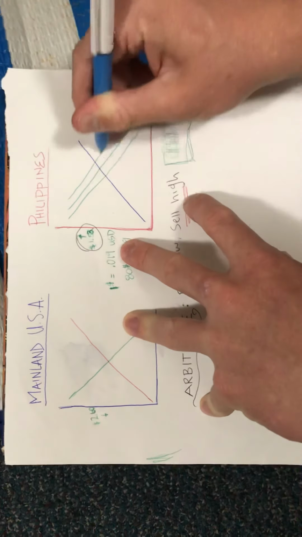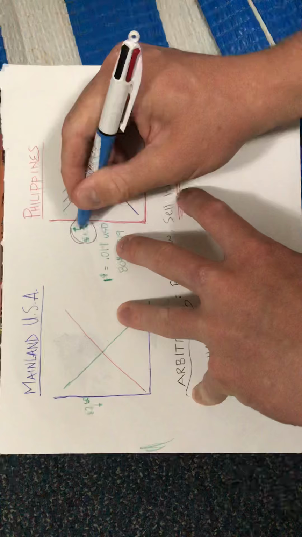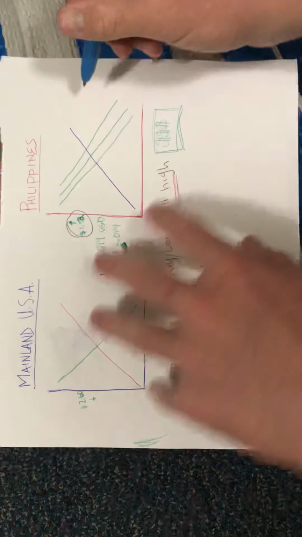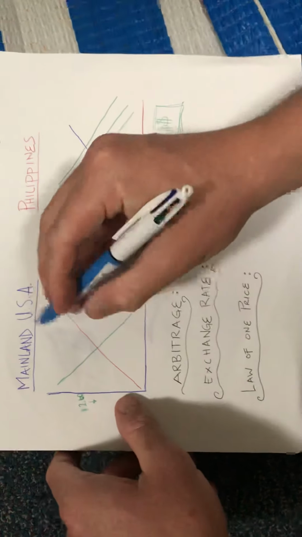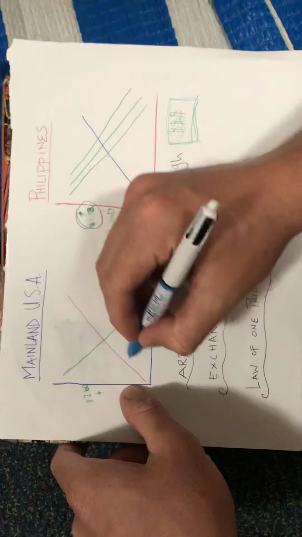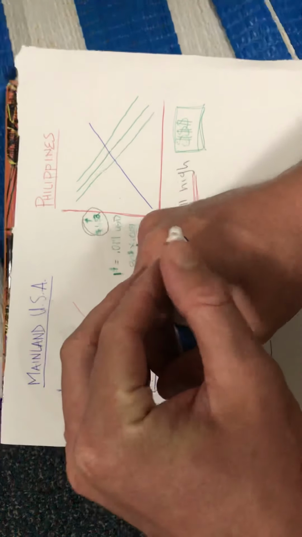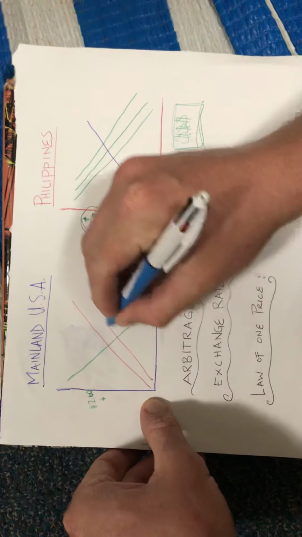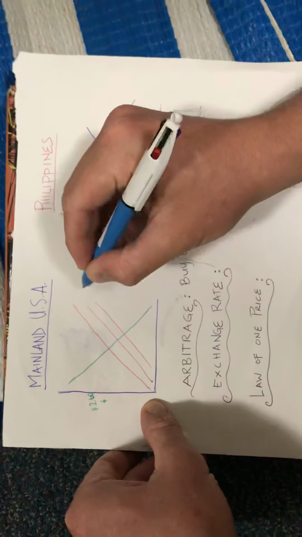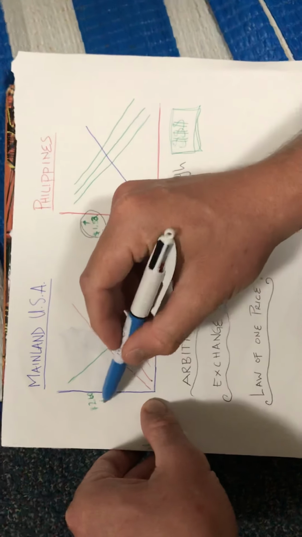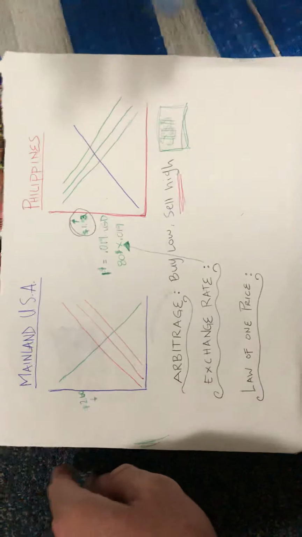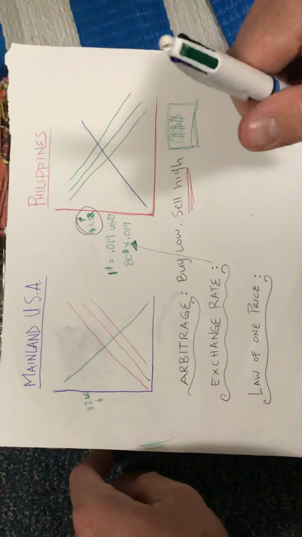As the demand curve increases, the price goes up. And as he begins to sell in the US, the supply curve will increase. And as the supply curve increases, the price goes down in the US.